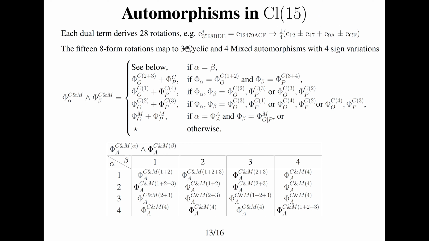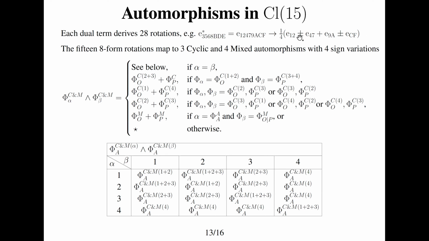That's divided into three cyclic, three mixed, and four sign variations. The three cyclic, you have G2 at the bottom and a higher dimensional G2 at the top, and whatever sign change you use for that one, you do the same thing with the top one and corresponding indices. And so you get a reflection of G2 at the top. And no surprise, you get a 15-dimensional definition of G2.